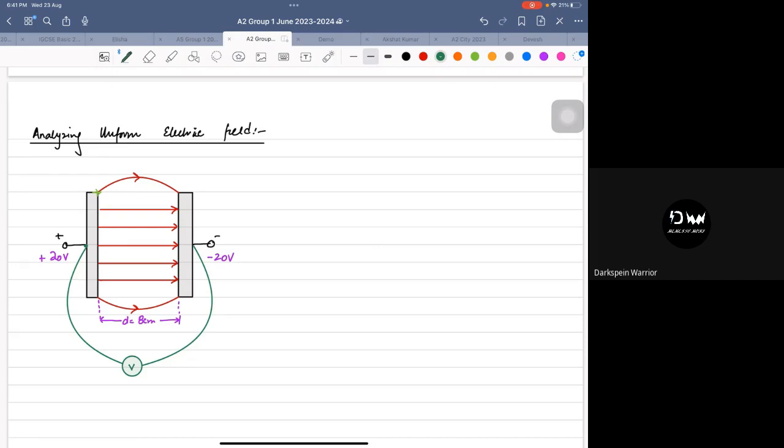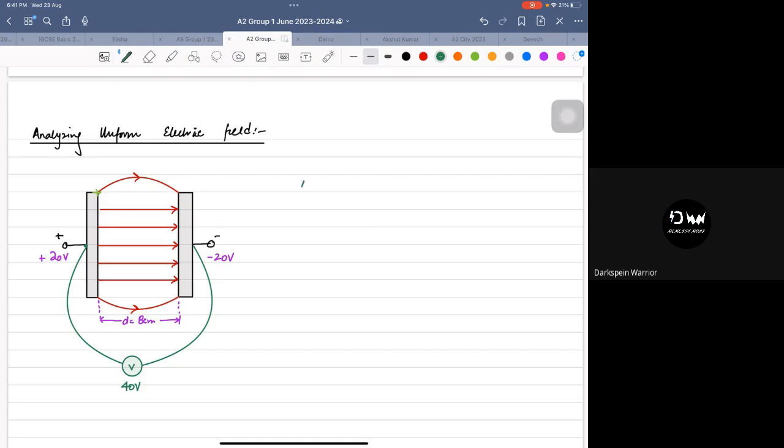Any ideas? It's going to give me 40 volts. Electric potential, sorry. Potential is a scalar quantity, so you do bigger minus smaller. So 20 minus negative 20 will be 40. This is what it is giving.